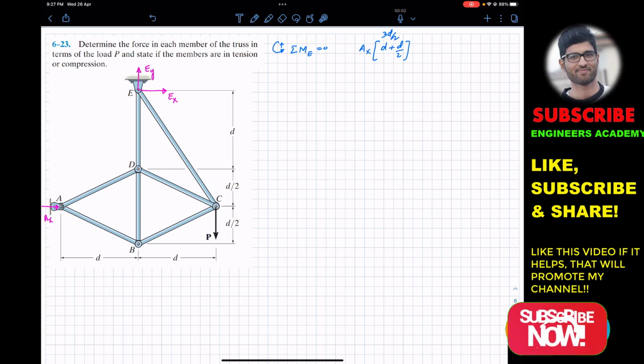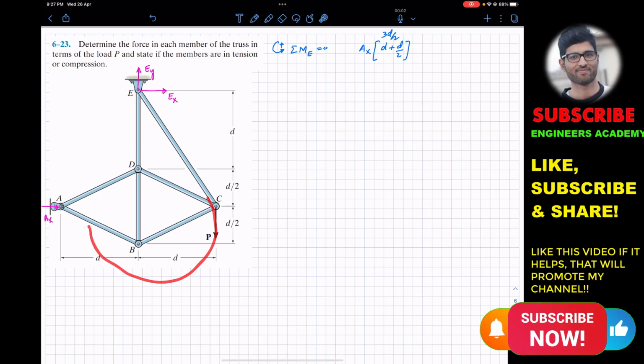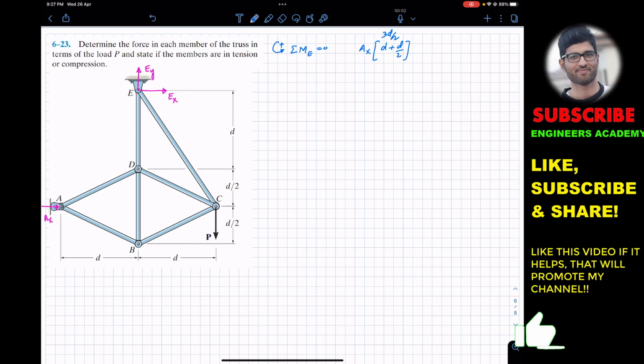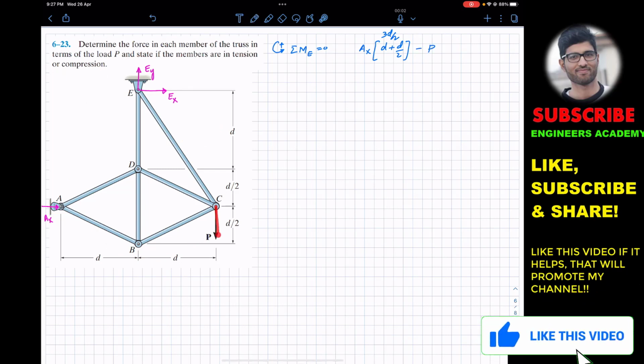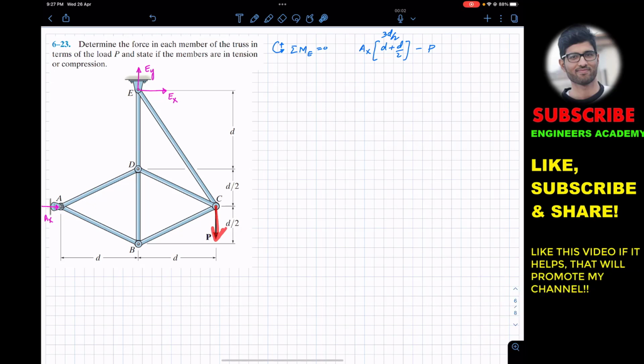And this P force is producing the clockwise moment about point E. So we will write minus P, and the moment arm of this P, or the perpendicular distance of this external force P from that point E, is this distance, which is this D. So we will multiply this with D, and this is equal to 0. So now we can say that AX multiplied by 3D divided by 2 minus PD equals 0.